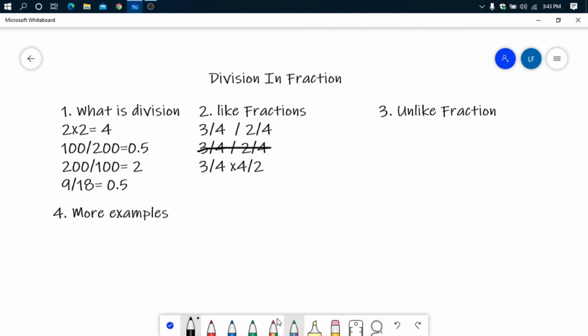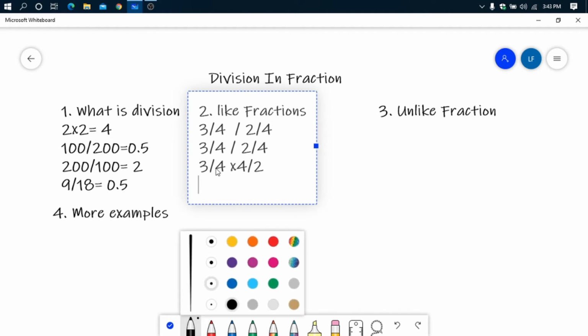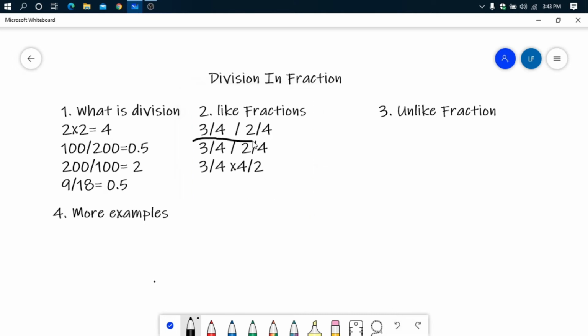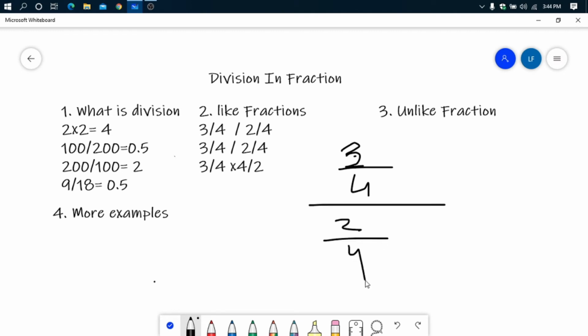This part which I showed you earlier, which is 3 by 4 divided by 2 by 4, can also be written as 3 by 4 divided by 2 by 4.